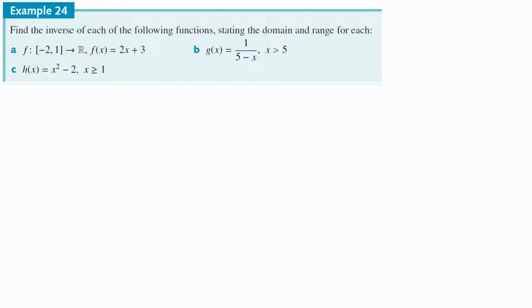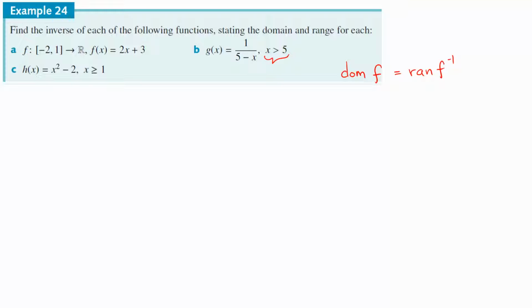Okay. So B, if they ask you to find the inverse function for each one, this is an exam question, I want you to start off by looking at, again, remember the domain of your function is equivalent to the range of your inverse function. And right now they already said x is greater than 5.